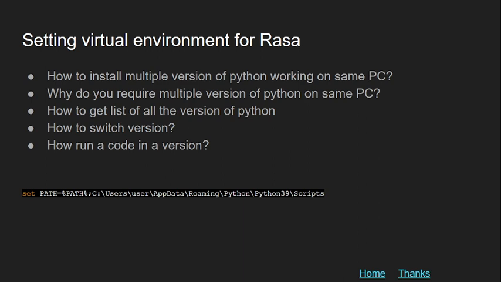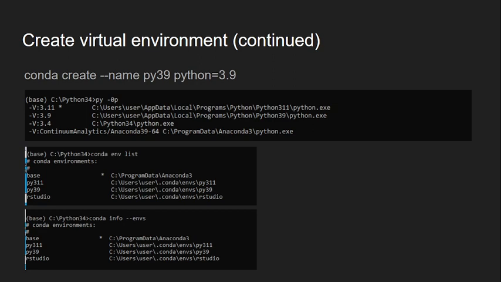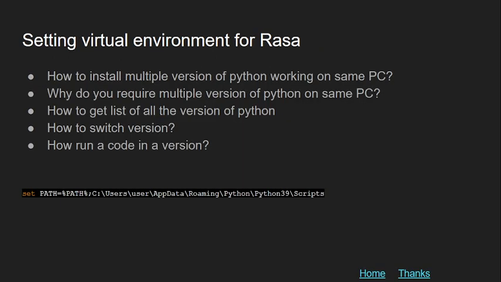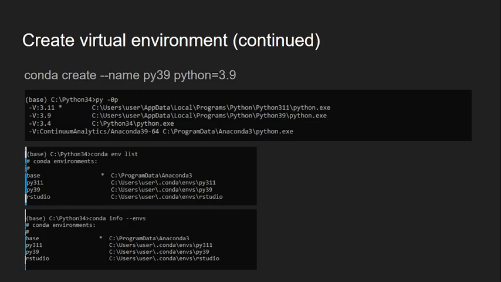So very quickly, coming back to what we have to do. Starting with the first thing, we have to install Python. When I started working on this, I had only Python 3.11.